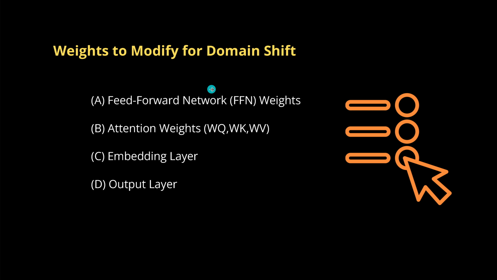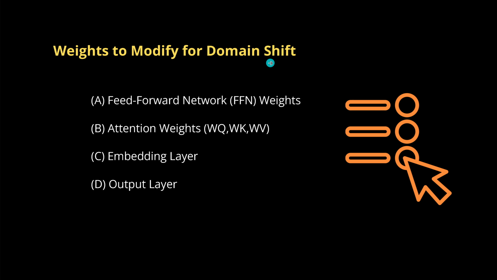You have the feed-forward network weights, you have the attention weights of the transformer itself, of the multi-head attention layer. You have the embedding layer from the input, and you have the output layer. So, if you have a particular domain shift, you must know the domain shift in your data to choose the correct one.